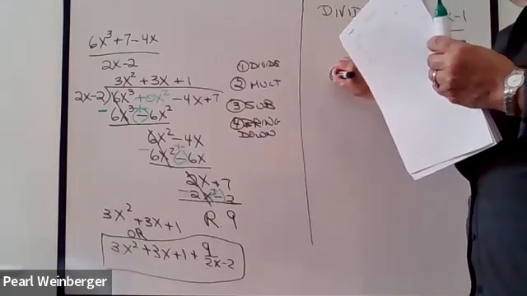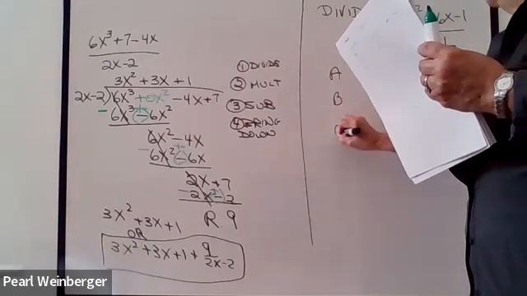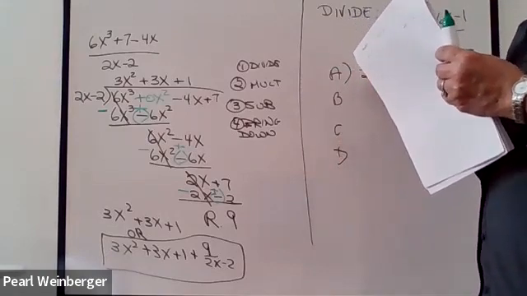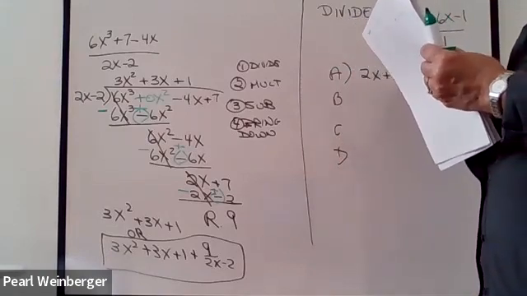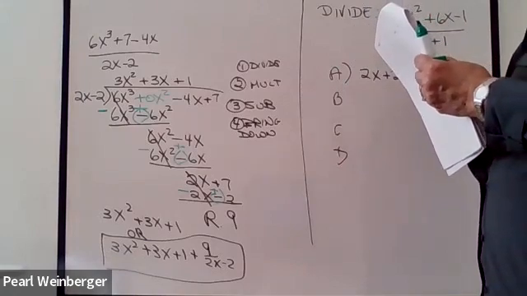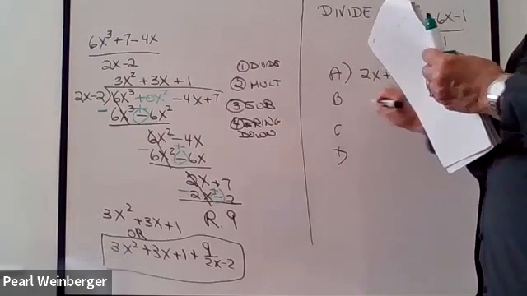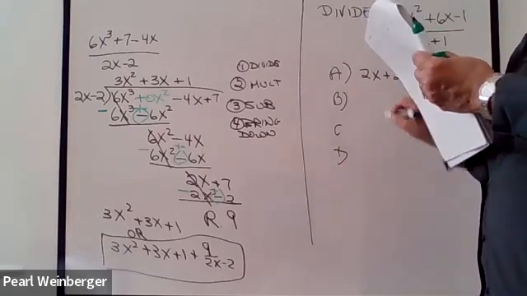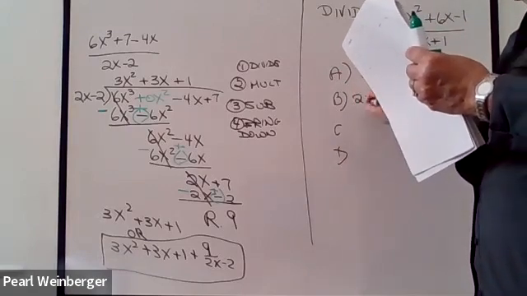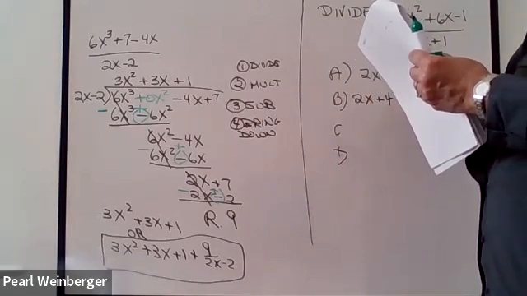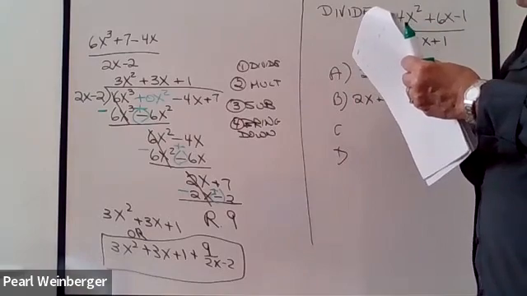And here are your choices of answers: A, B, C, and D. A, 2x plus 2 minus 3 over 2x plus 1. Choice B, 2x plus 4 minus 5 over 2x plus 1.